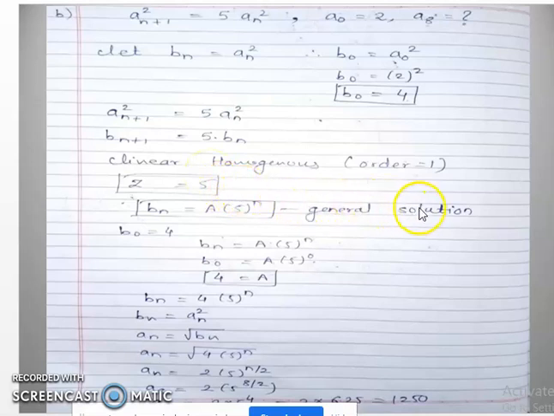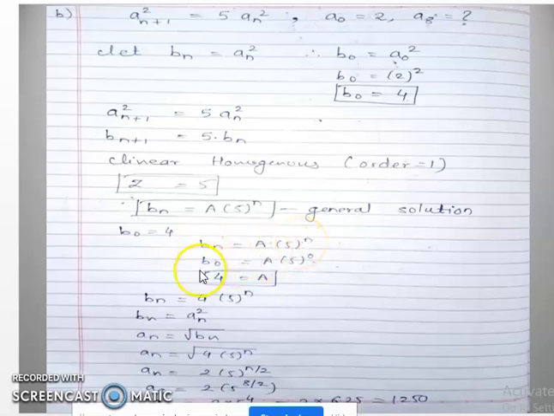Then the general solution of this type of equation is bn is equal to a into alpha 1 raised to power n. So alpha 1 value is 5. We put this value, 5 raised to power n. Therefore the general solution of this equation is bn is equal to a into 5 raised to power n. Then we have given the value a0 is equal to 2 and we found the value of b0 is equal to 4. Just n is equal to 0, we put in bn is equal to a into 5 raised to power n.